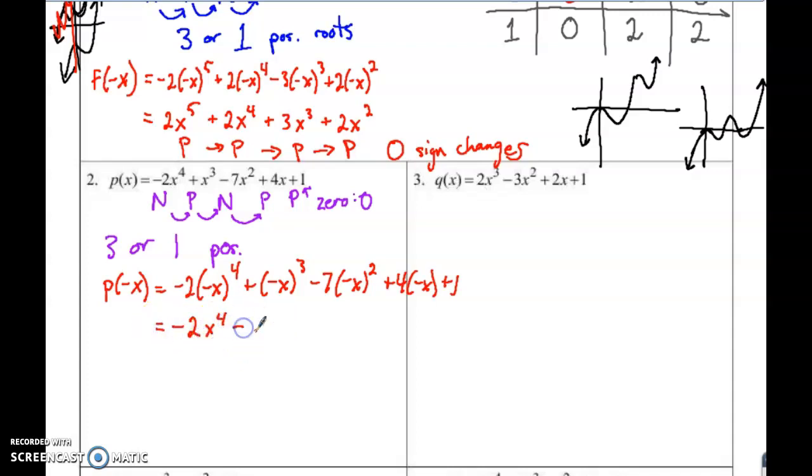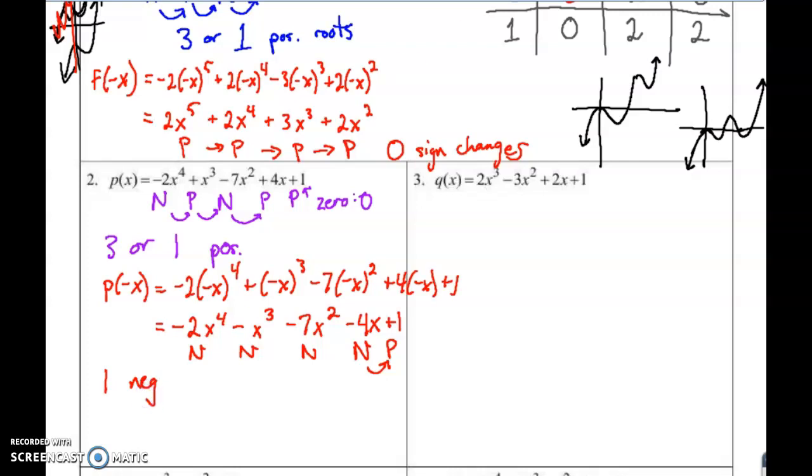It's still that. And then the negative to an odd stays negative. This one, x squared would become positive, but then times negative 7 minus 4x plus 1. So negative, negative, negative, negative, positive. So we do have one sign change. That means 1 negative root.